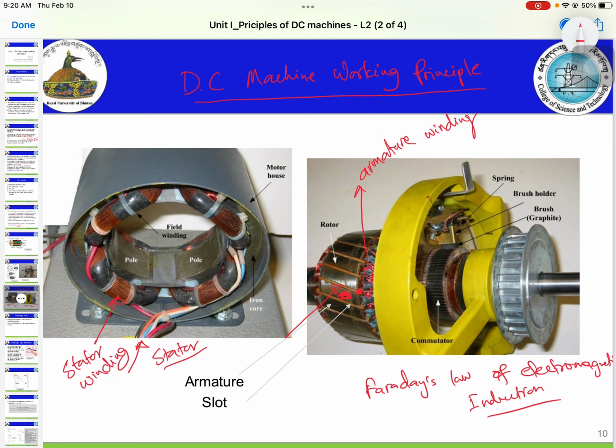The function of the stator winding is to produce the magnetic flux. And how do we produce that? We supply the current from an external source, which we call the excitation source.